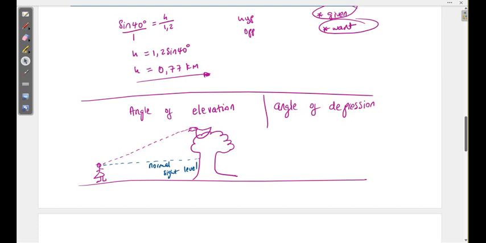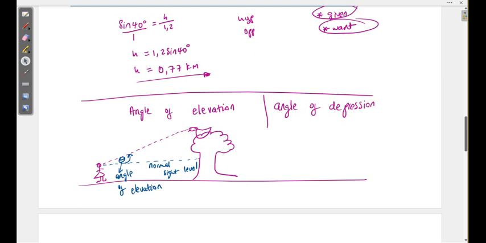However, when she has to look at the bird, she looks up. When she looks up, she forms a bit of an angle here, and then she can see the bird. Now that angle, because she looked up, we'll call this angle here the angle of elevation, because she tilts her head upwards so that she can see.